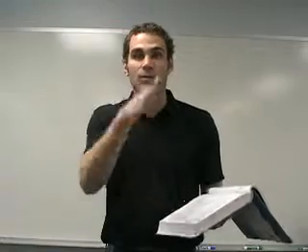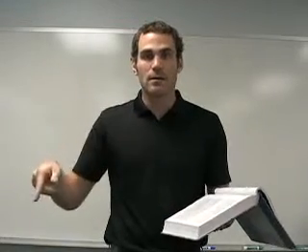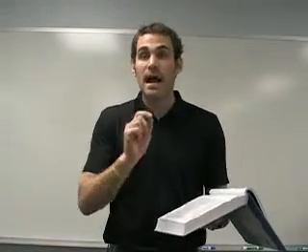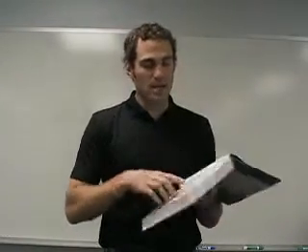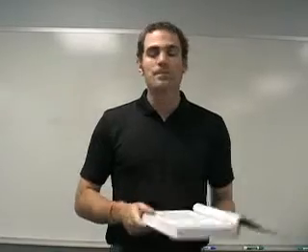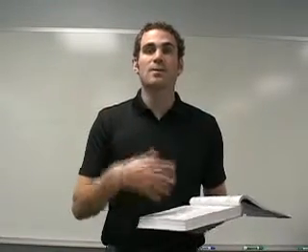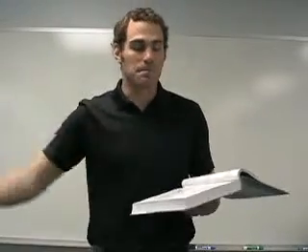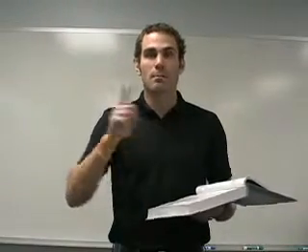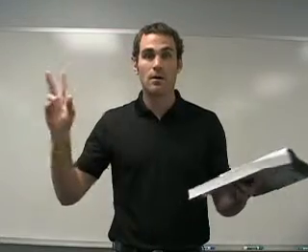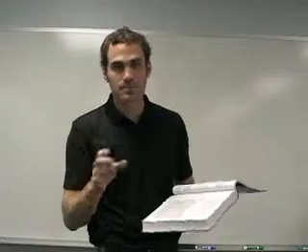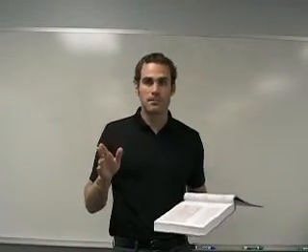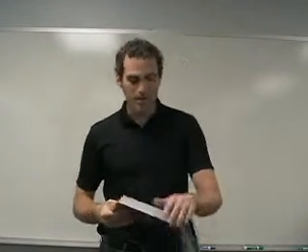X of i, that's your score minus the mean. Okay? But i is a counter. It's not just you. It means we're going through that summation notation. Summation notation means we're counting. So I go from me to the next student, to the next student, and on and on and on. Okay? My score minus the mean, squared to get rid of the negative, then divided by the number of people minus 1. Okay? Number of people minus 1.